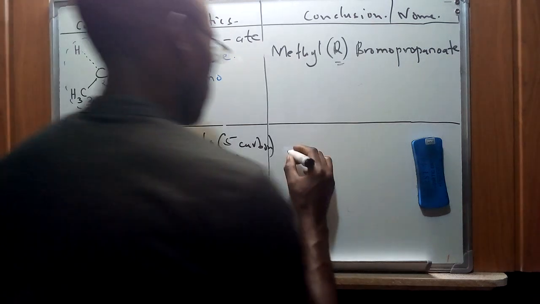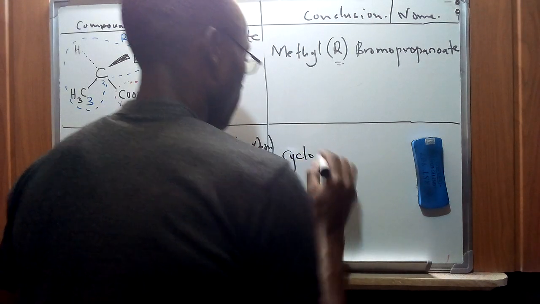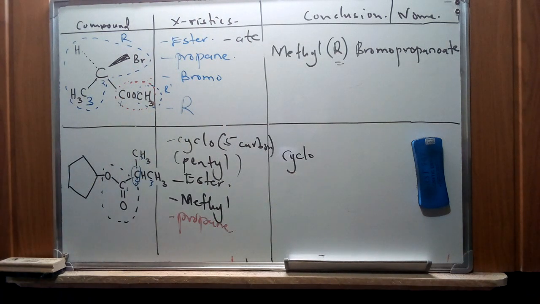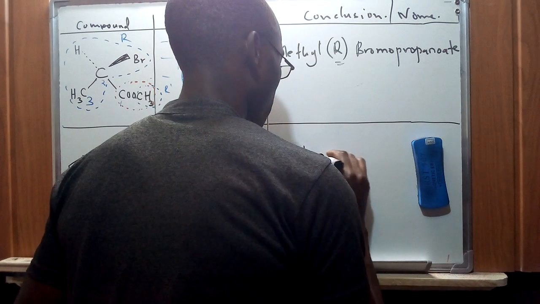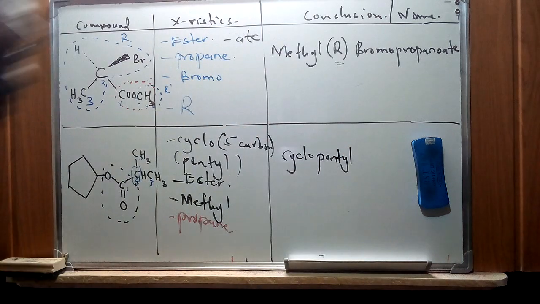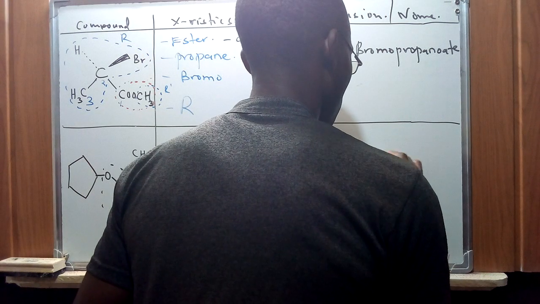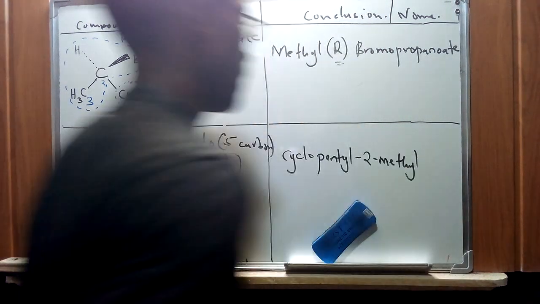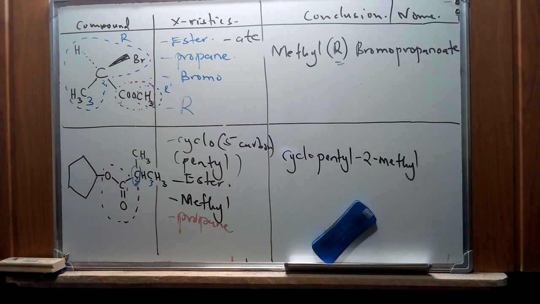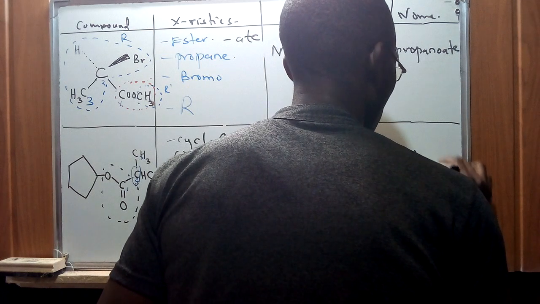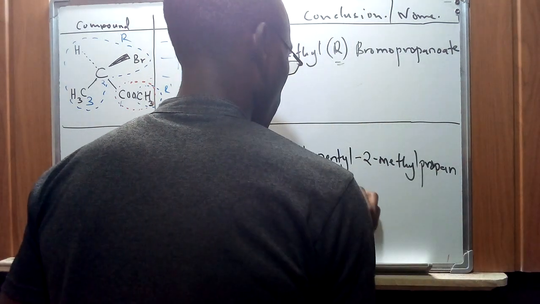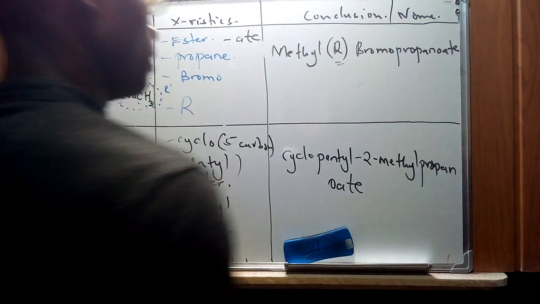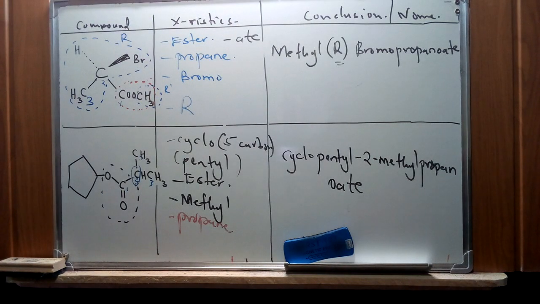We start with the name: this is a pentyl group, so cyclopentyl, then the position of the substituent, 2-methyl, and then we have the parent name, 3-member carbon, propan-oate. Propanoate: cyclopentyl 2-methylpropanoate. So this as well is an ester, as we have said.